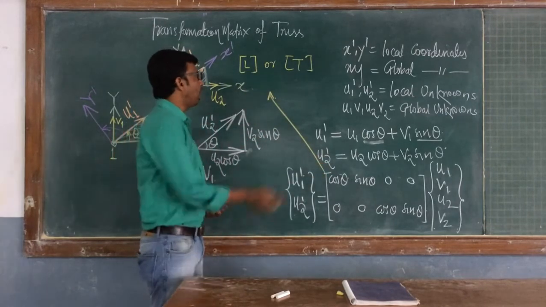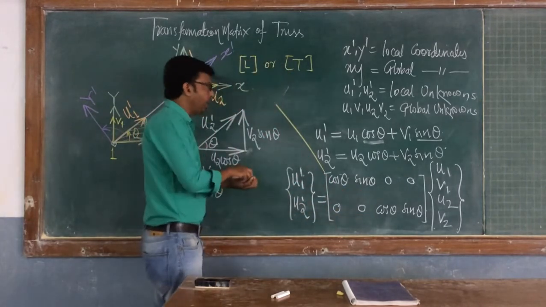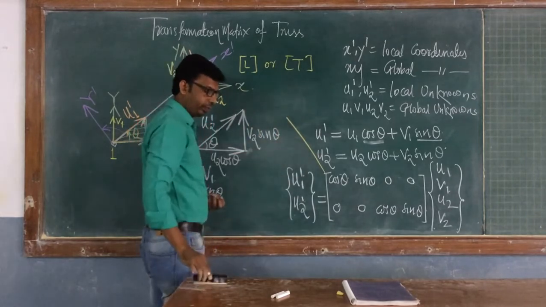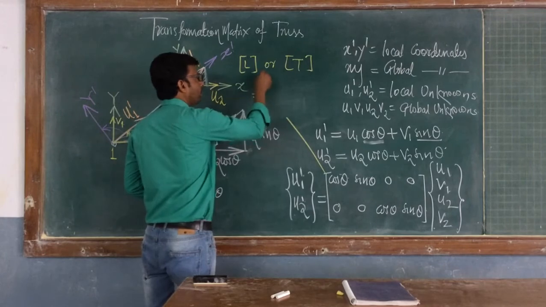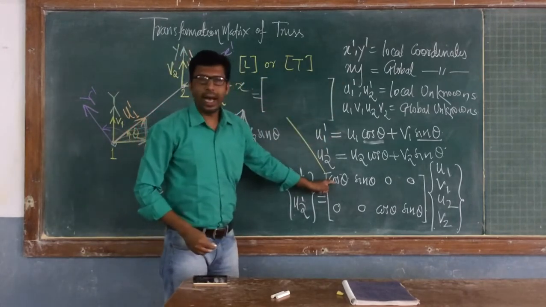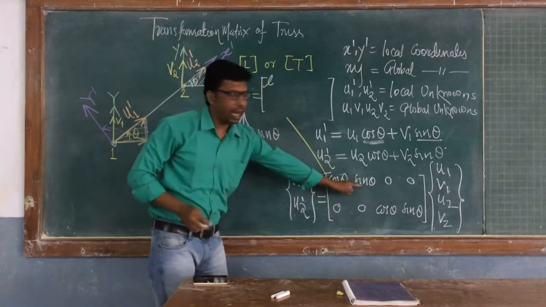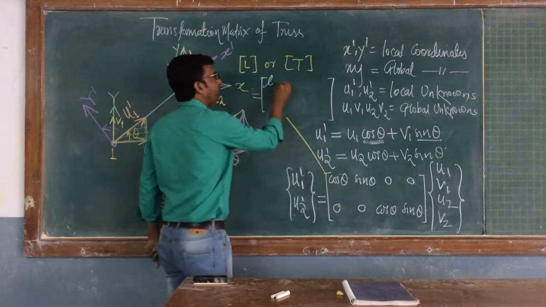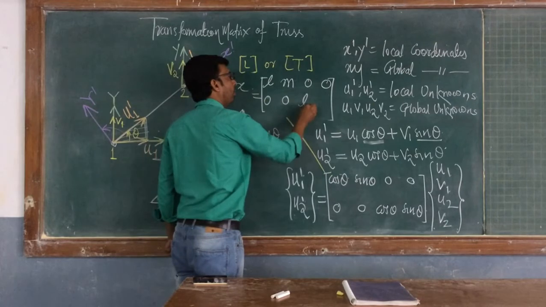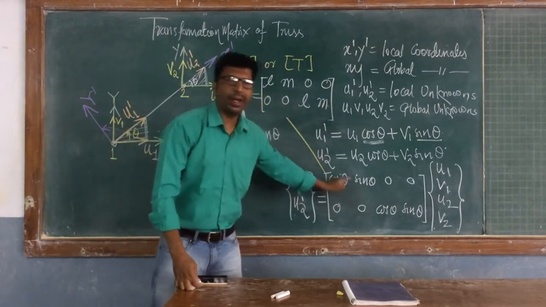Now this matrix you can simplify. In a simpler way you can write it down. Let us assume cos theta is l, and sin theta is m. Like this you can represent this transformation matrix.